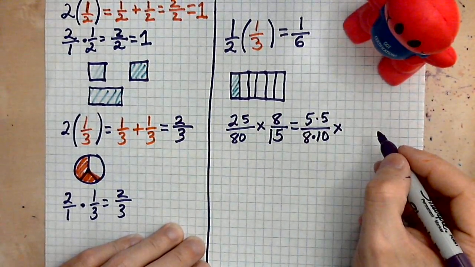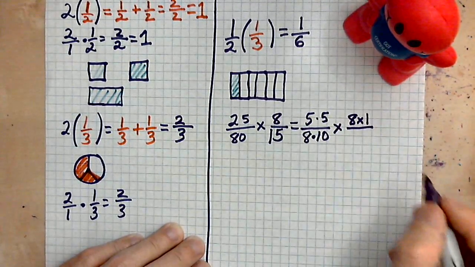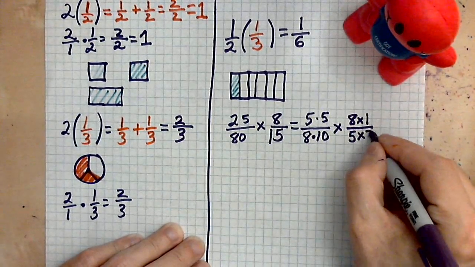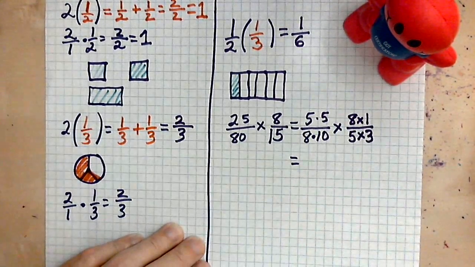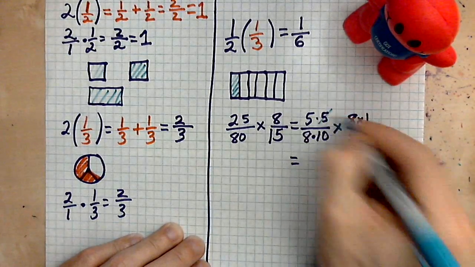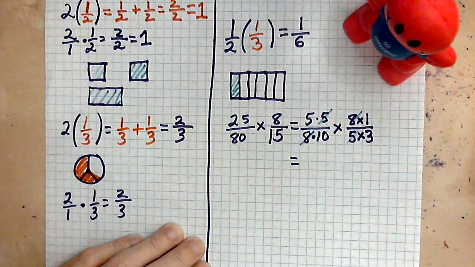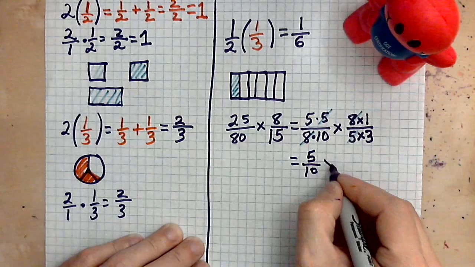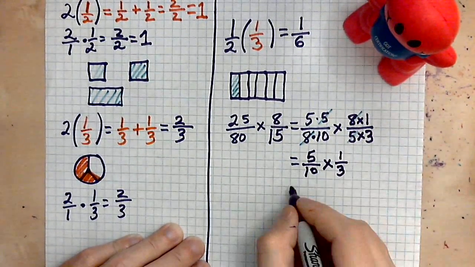And we will multiply this by 8 times 1 over 15, which is the same as 5 times 3. And now we cancel as much as we possibly can. So cancel this 5 with that 5. Cancel the 8 with the 8. So what we have so far is 5 over 10 multiplying 1 over 3. But we can do better than this.